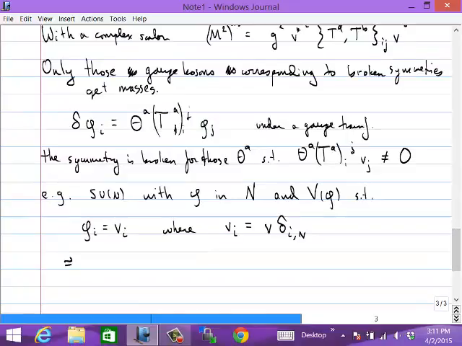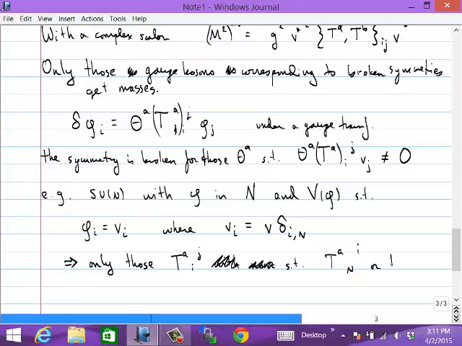Then that means that only those generators such that (T^A)_Ni, or (T^A)_iN, not equal to 0 are broken.